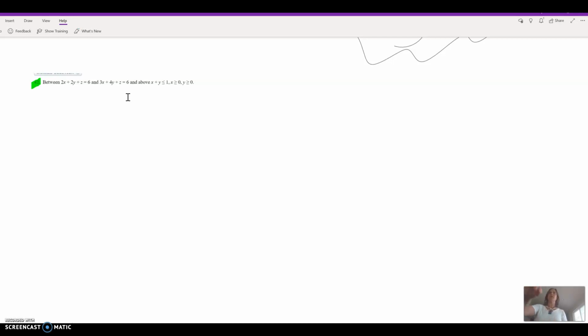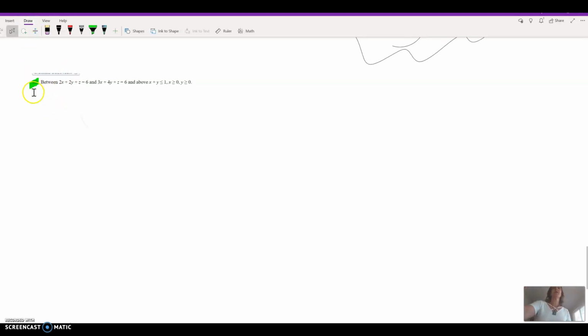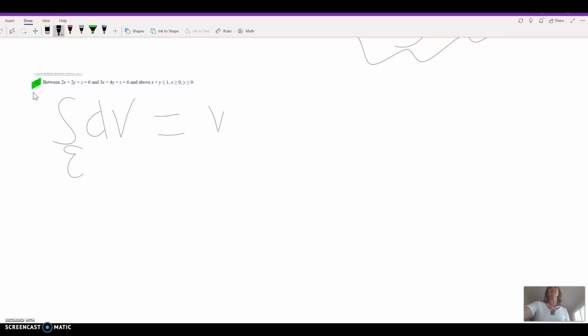Because if I just integrated, for example, the volume under this plane above this region on the xy plane, now I have to subtract out or add the extra volume under the other surface. So in this way, I'm going to choose to use a triple integral. And I'm going to use the idea that the integral over that solid, if I integrate just dV, is going to give me the volume of that solid.